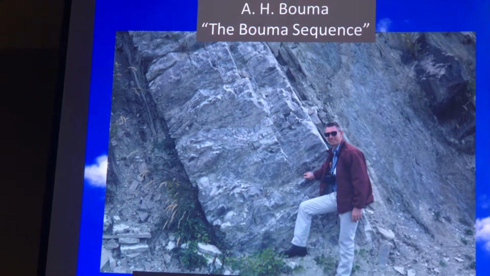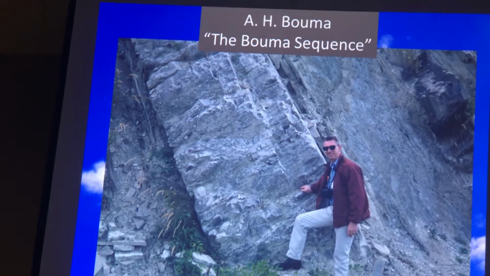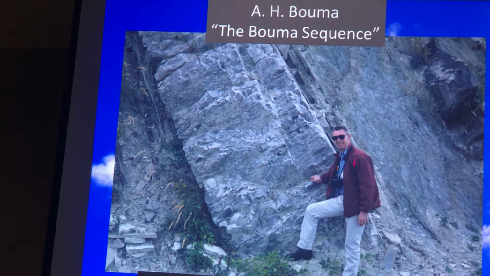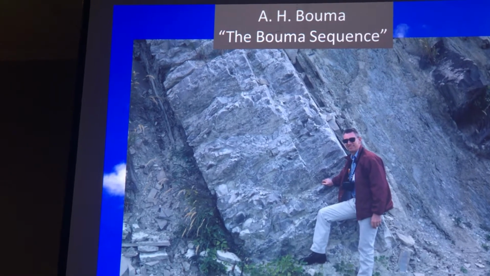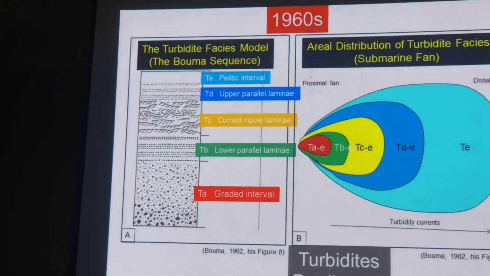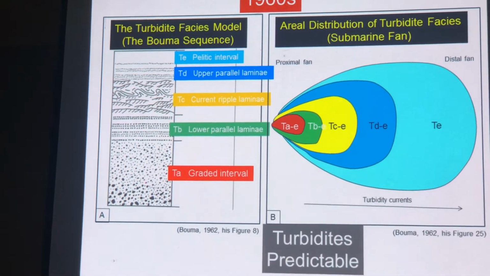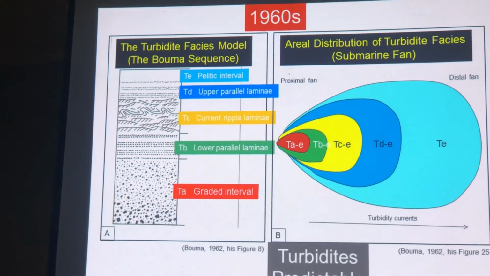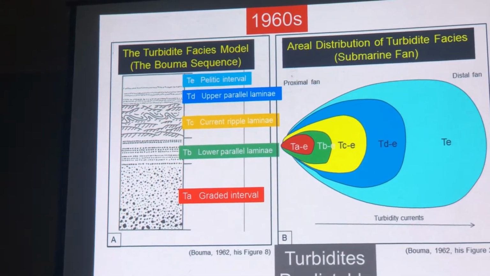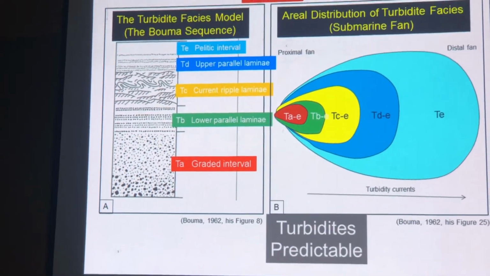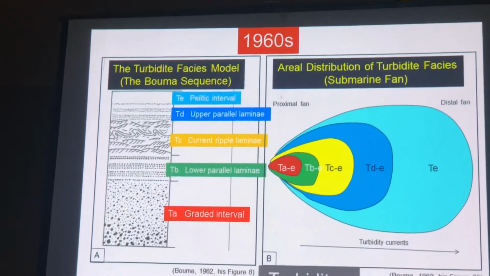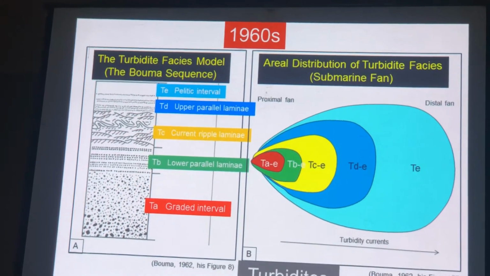Some of the people I want to acknowledge in turbidite research. One is Arnold Bouma. He introduced the Bouma sequence. This is nothing but these five divisions, A, B, C, D, E. And what he said was, if you see this A division, that means you are in the proximal part of a large fan.